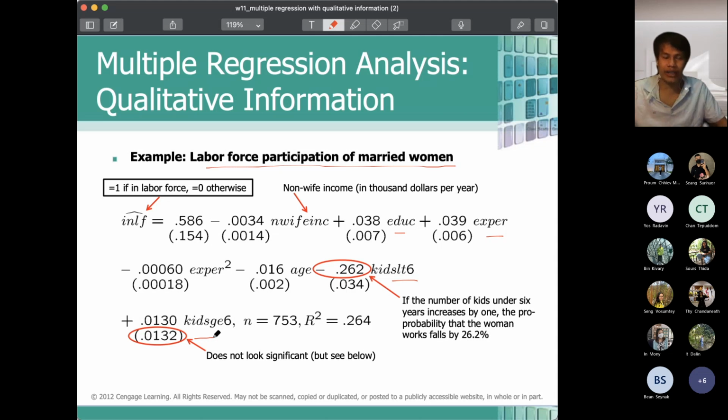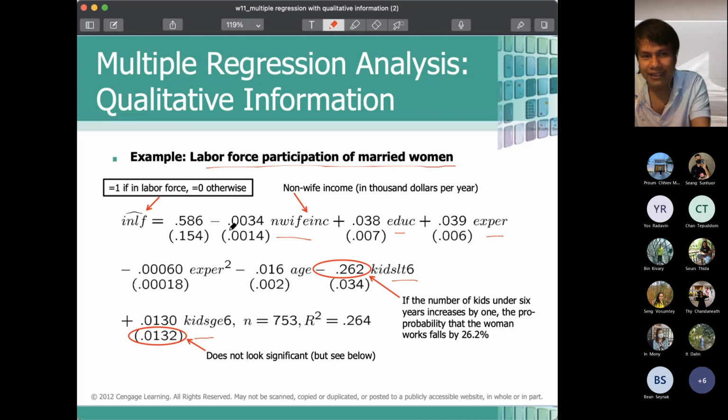So what you see here, you look at the coefficient, right? If, for instance, the household income excluding income from the wife increased by 1 unit, what happens? It reduces the probability of a married woman to work or to join the labor force by around 0.003, because this is the probability, right?